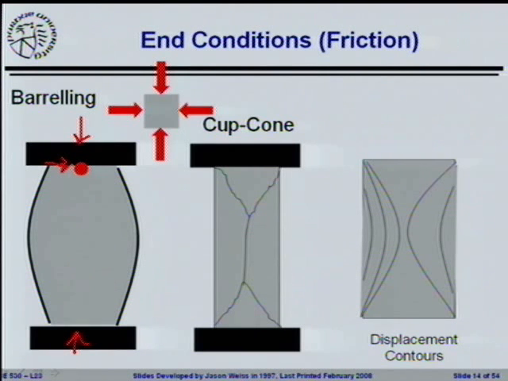The steel and the concrete do not have the same Poisson's ratio, so it will restrict the concrete from expanding. When you do that, you no longer have a state of uniaxial compression at the ends of your sample. You get a much more complicated state where you have biaxial or triaxial states of stress.